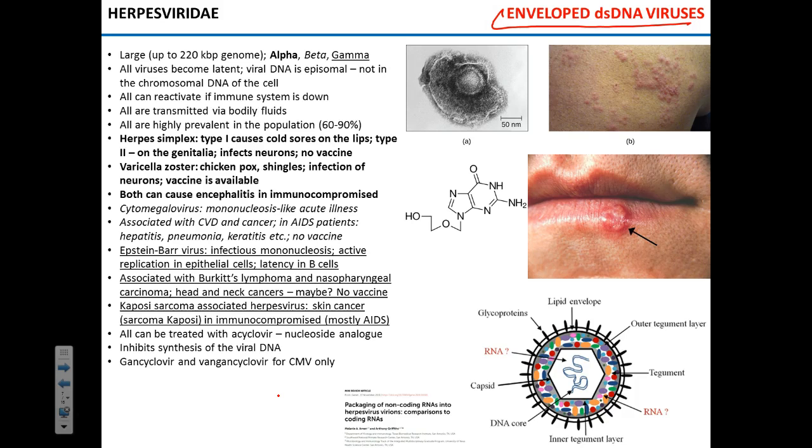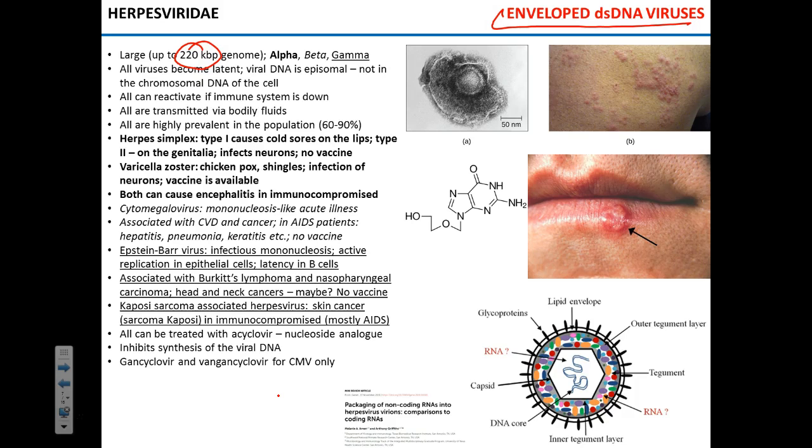Okay, herpes viruses, enveloped. It's not the biggest human virus, but they are still very large. In fact, cytomegalovirus has the biggest genome size among all human viruses, 220,000 base pairs.